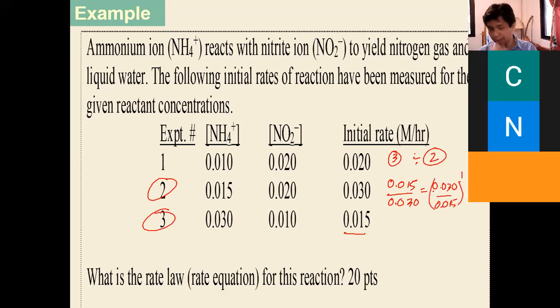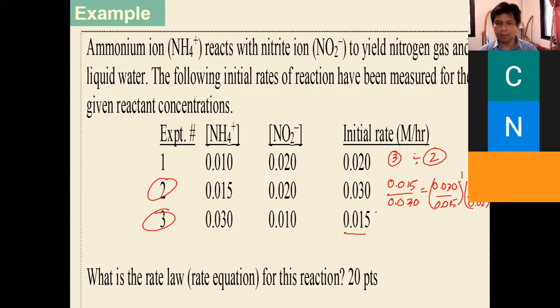Nilagay nyo kasi baka yung ibang ma-encounter yung problem, hindi siya raised to 1. Tapos, lagay nyo ngayon yung NO2 concentration. Yung NO2 concentration, yung sa 3 niya is 0.010. Tapos, yung sa 2 niya is 0.02. Tapos ito yung may Y. Ganyan.